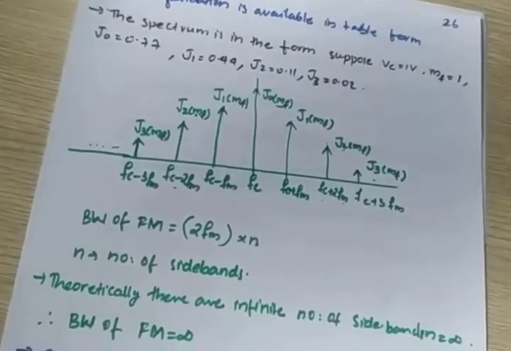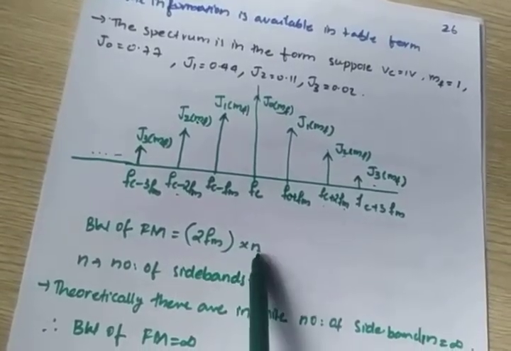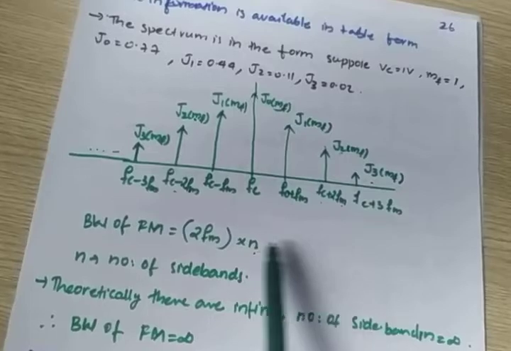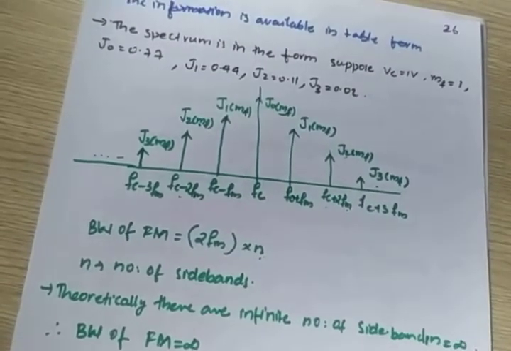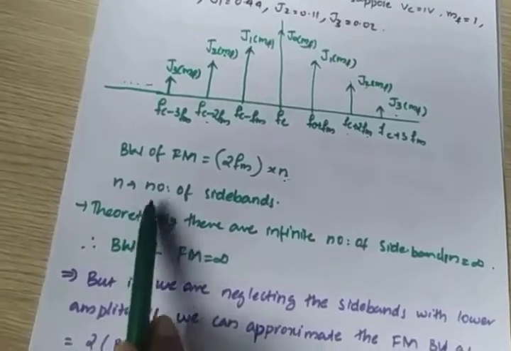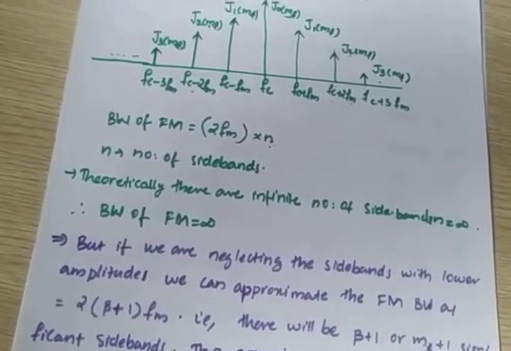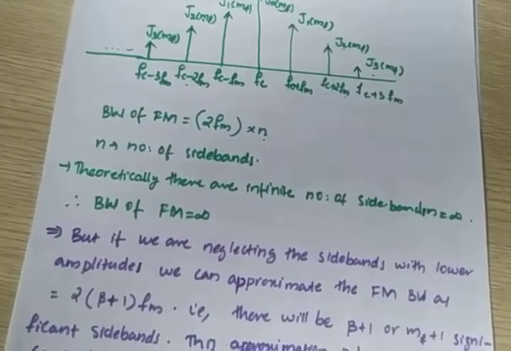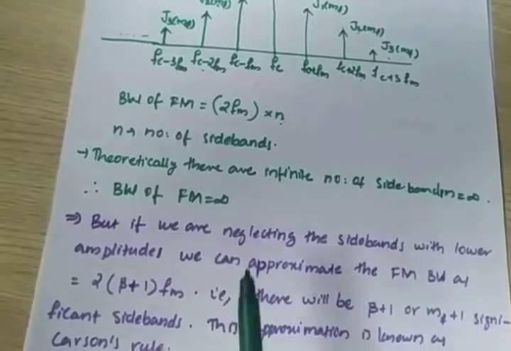So ideally the bandwidth of FM is infinite, because an infinite number of components are multiplying with this frequency. So n is the number of sidebands. Theoretically there are infinite sidebands, that is n equals infinity, so the bandwidth of FM is infinite in theory.